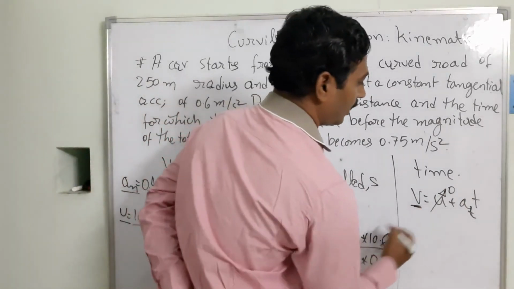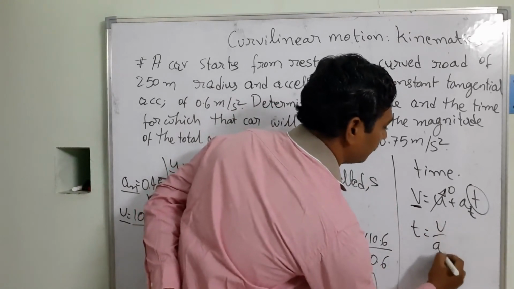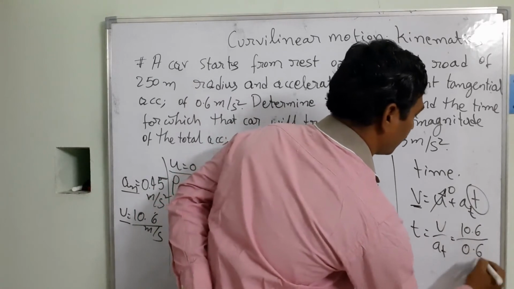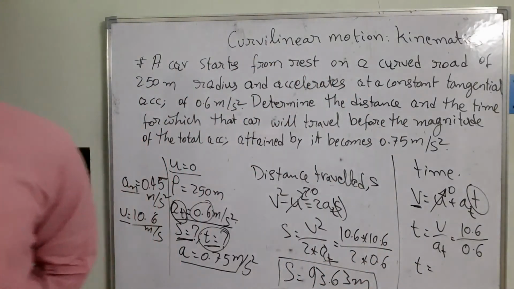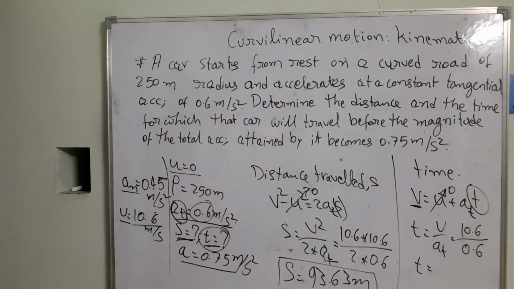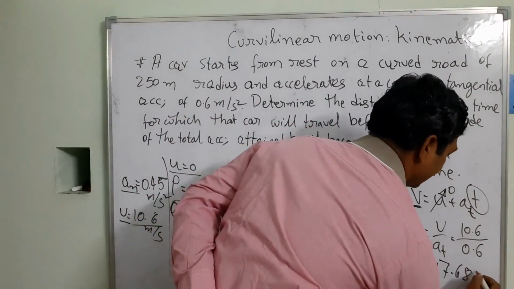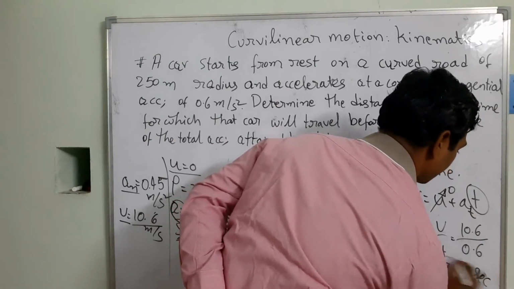So we need to find the time. T is equal to v by at. This is going to be 10.6 divided by 0.6. Then the time taken to travel the distance is 17.68 seconds.